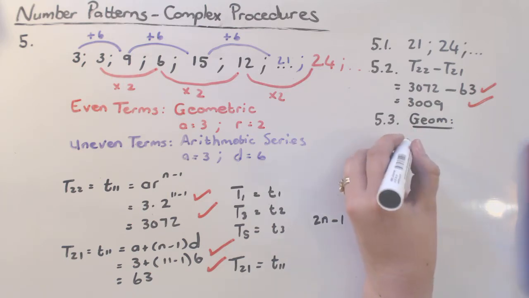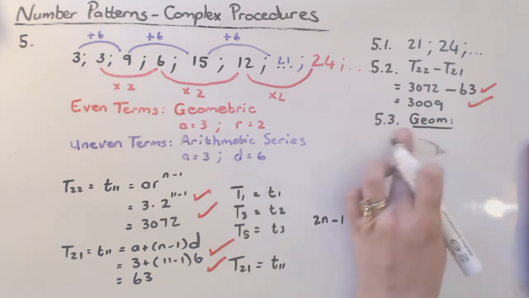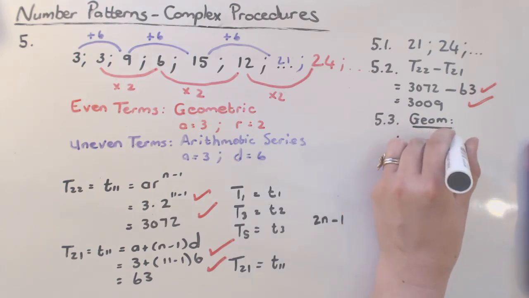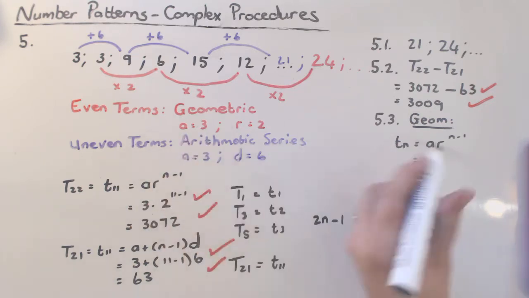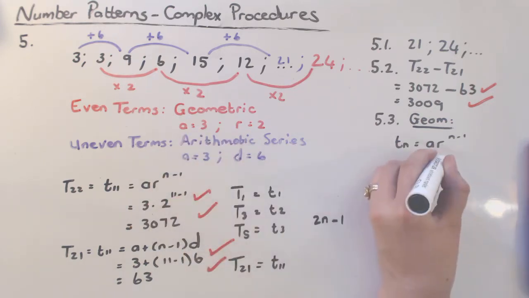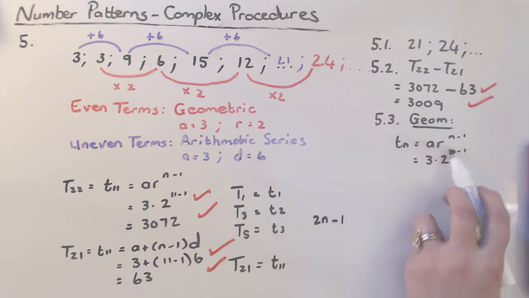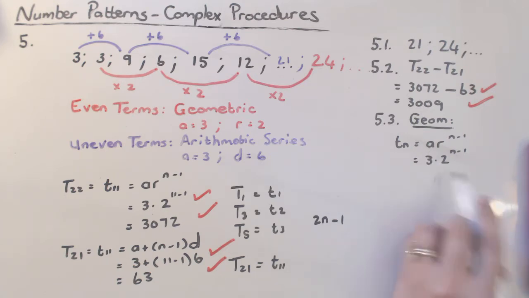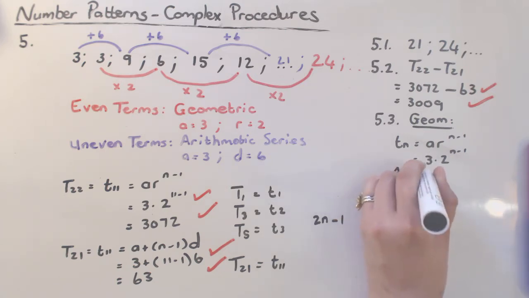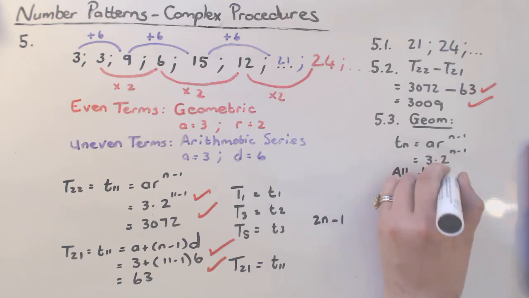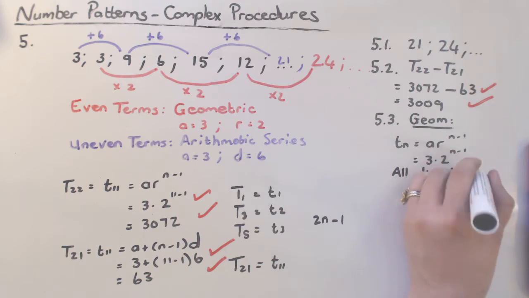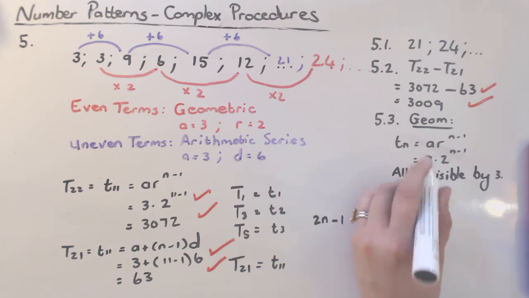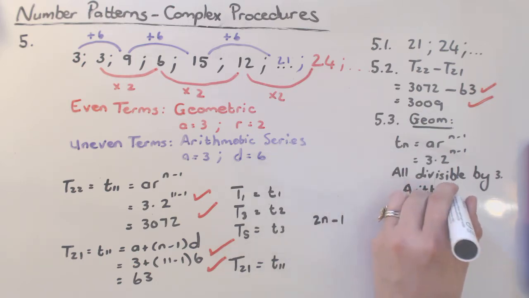All of the even terms, I'm just going to use small t's for this, follow the rule a r to the power of n minus 1, where my a value is 3 and my r value is 2, but it doesn't matter what I make the n's. Can you see that all of these terms are divisible by 3? All divisible by 3.